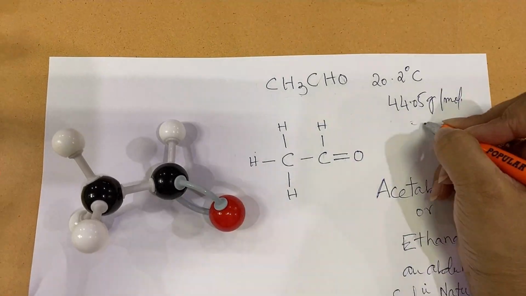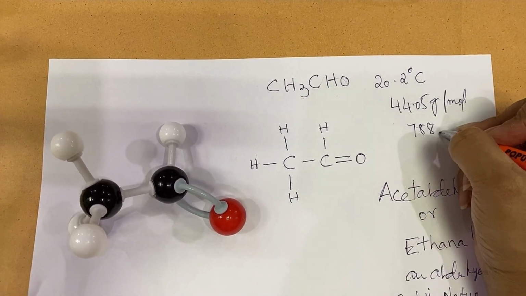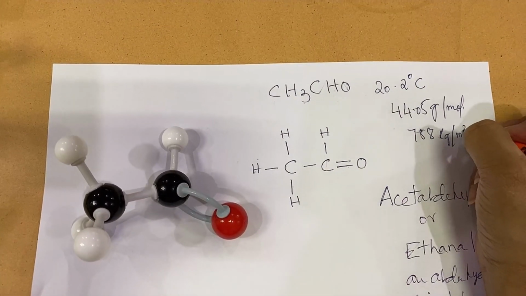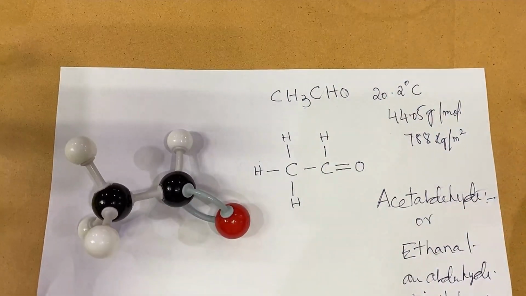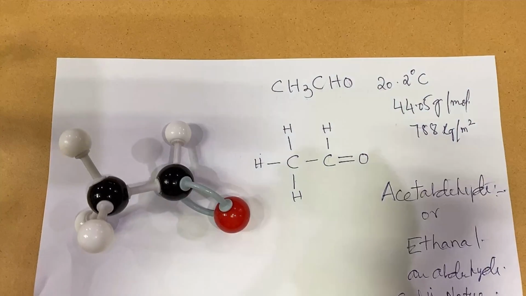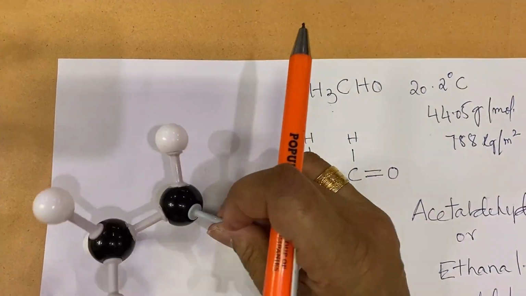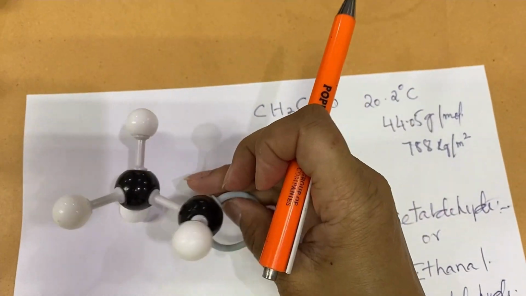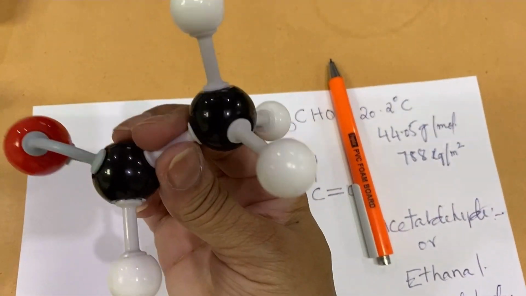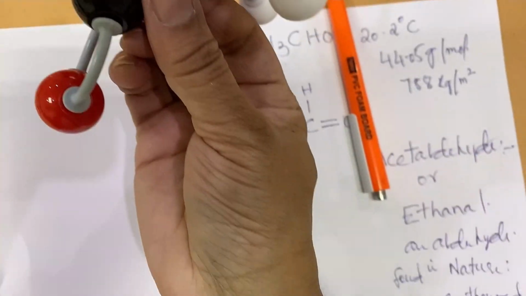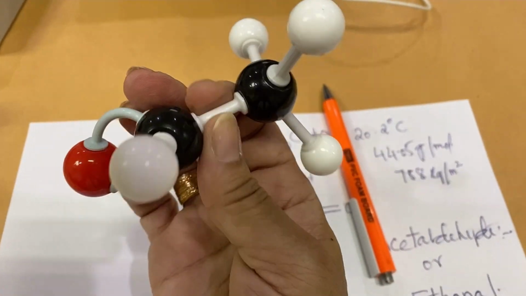Its density is 788 kilograms per cubic meter. So this was something very interesting about this compound called acetaldehyde, and this is the beautiful molecule. You can see its shape, right? Its 3-dimensional view, how it looks.